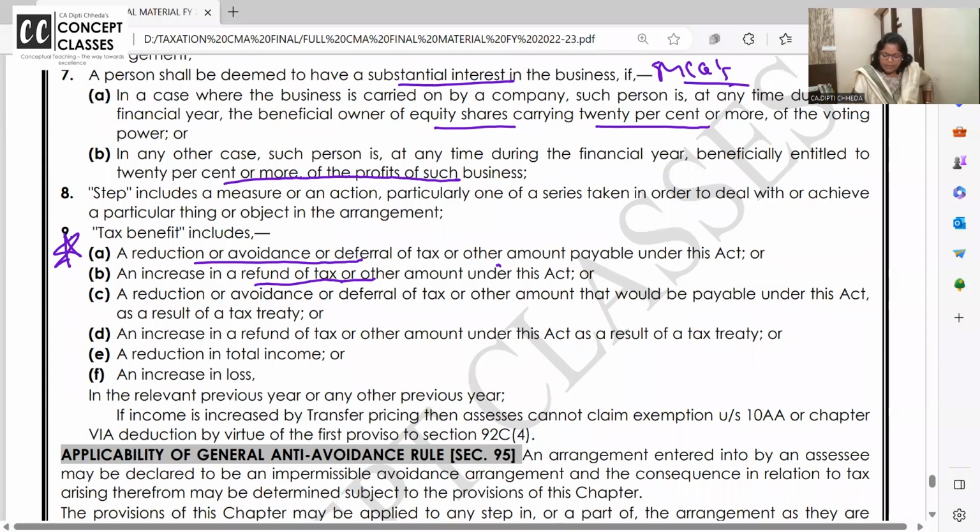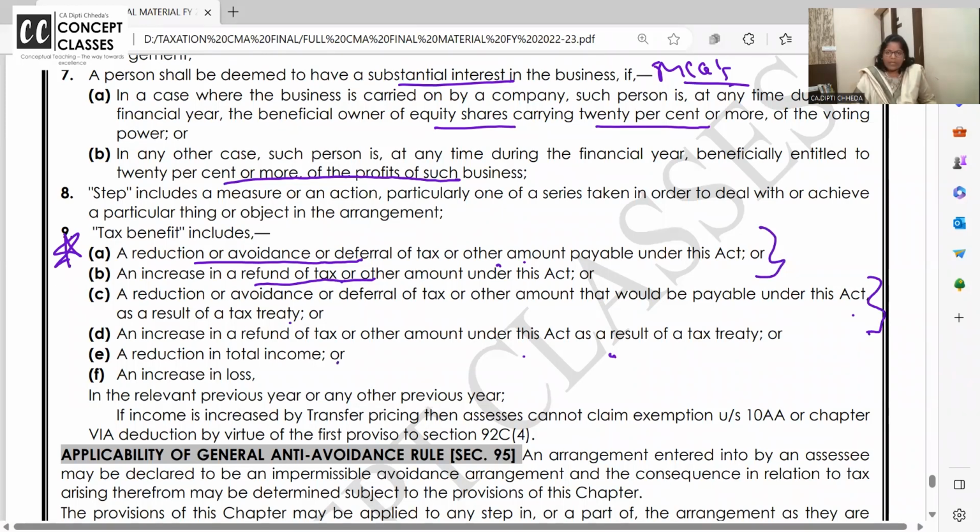With some countries we have tax treaties, and because of that the tax is getting reduced. Increase in the refund or other amount under this Act, the Income Tax Act, or as a result of a tax treaty. So either your tax is reducing or the refund is increasing, directly in the Act or in the treaty.